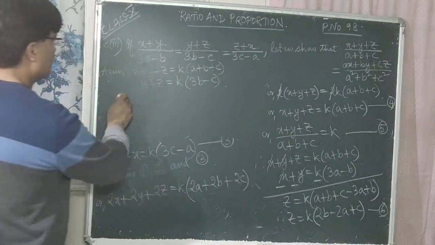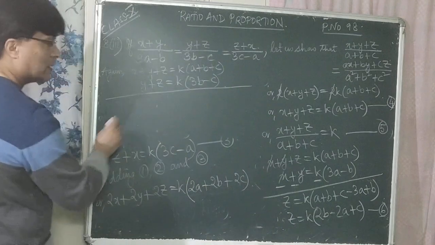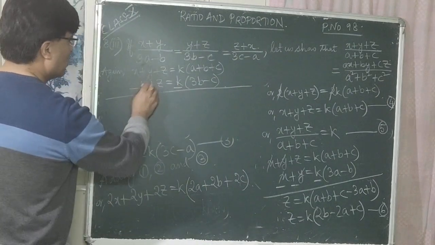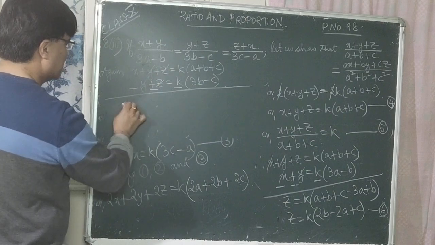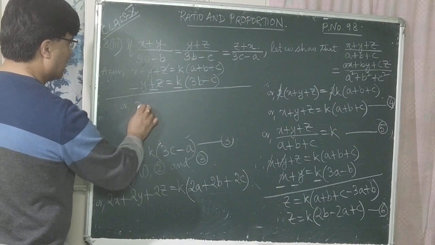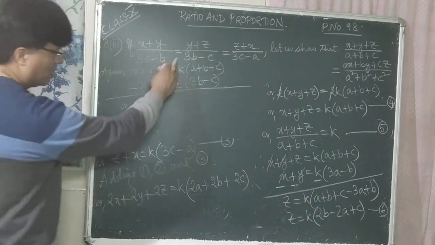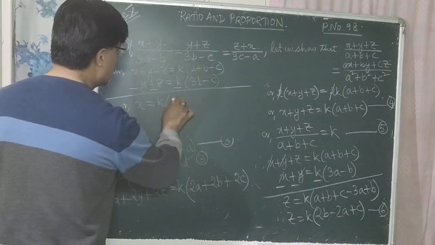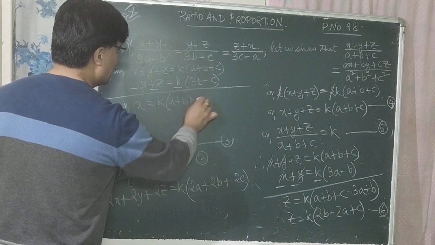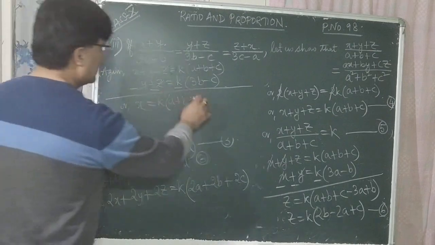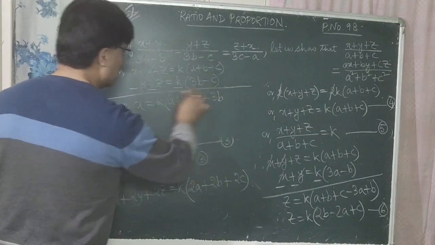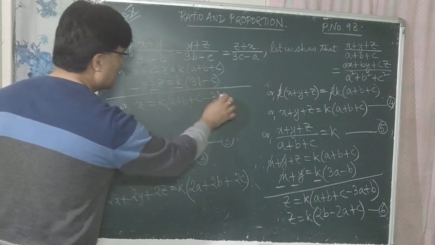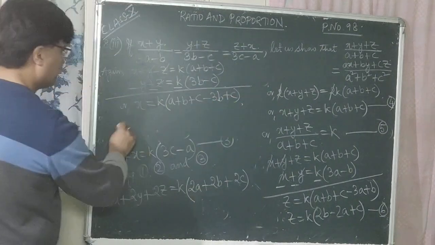So what do we get now? Let us subtract it. This is minus, minus, this is also minus. So here y cancels, z cancels, and we will get the value for x here. X is equal to, again, k is taken common within bracket a plus b plus c, then minus 3b, and minus into minus is plus c.